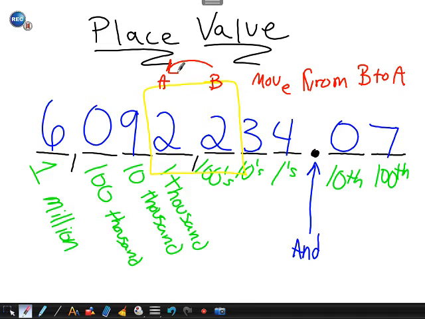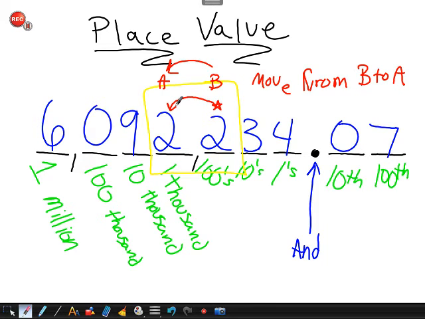So I have a 2 in the 100 versus a 2 in the 1,000. If I moved from this 2 to this 2, what kind of a jump is that?